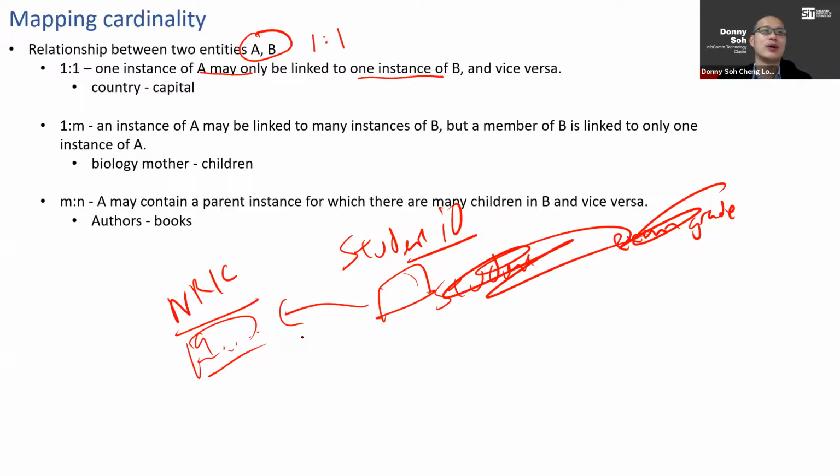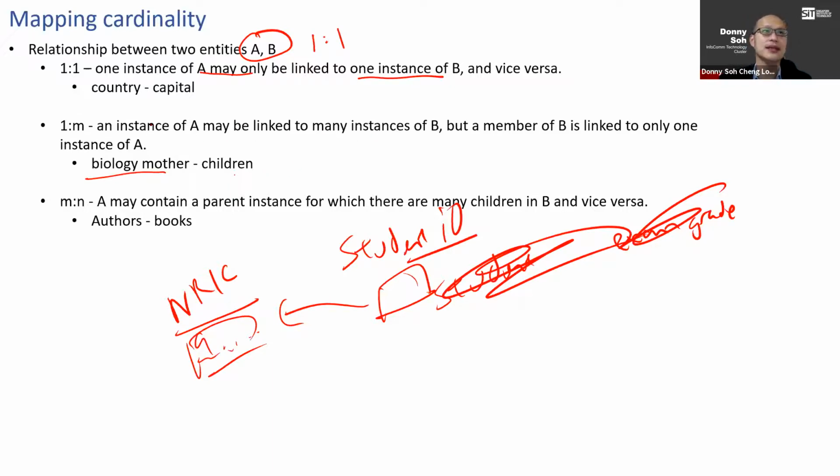1 to M is that one instance of A may be linked to many instances of B, but a member of B is only linked to one instance of A. So for example, a child can only have one biological mother, but the biological mother can have many children. Yeah, so this is an example. Like I can have many phones, but the phone's owner is only one person, usually the case.